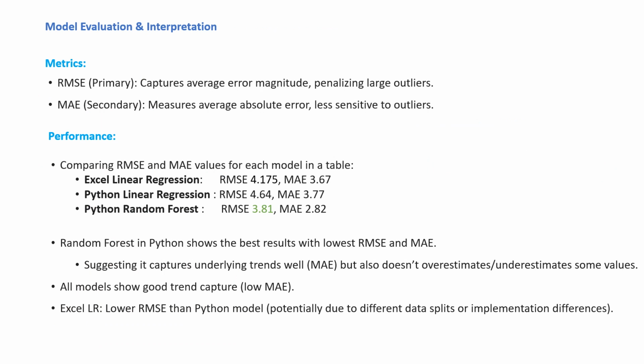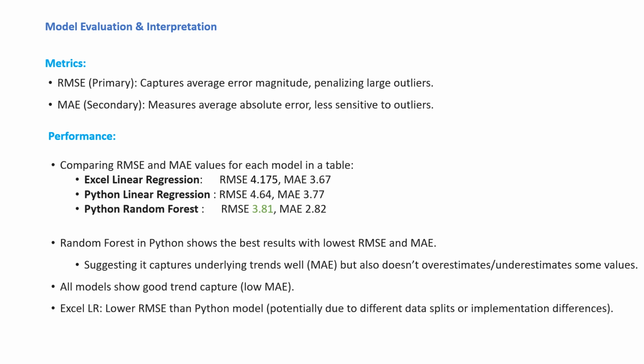The RMSE is the primary evaluation metric, which captures the average error magnitude and penalizes the larger outliers. For the comparison of the RMSE and MAE values, the best values I received were from the Python-based random forest algorithm. Random forest in Python shows the best results with the lowest RMSE and MAE.